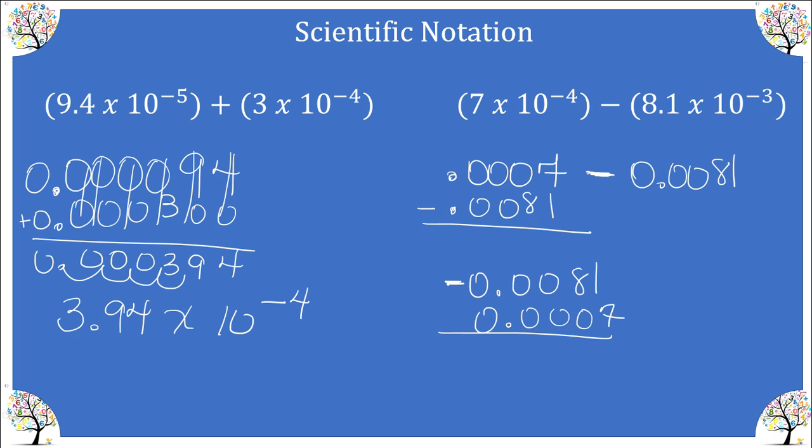Okay, so this is the negative here. So when I subtract, I can't take 7 from 1, so I'm going to borrow and make this a 7, and this is 11. So 7 from 11 is 4. 7, 0, 0.0. And that ended up being negative because we have more negatives.